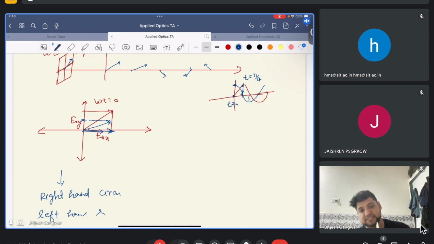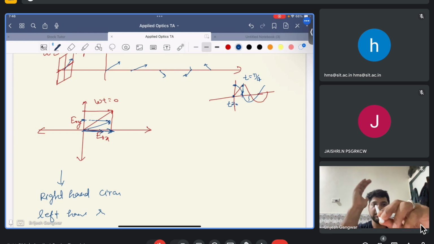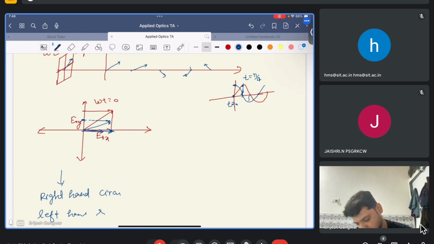But here I am considering that light is coming towards you. You are seeing light coming towards you. Then on that basis, if the polarization vector is rotating like your right hand, then it is right hand circularly polarized light. If it is rotating like the left hand, then it is left hand circularly polarized light. Are you getting this point?